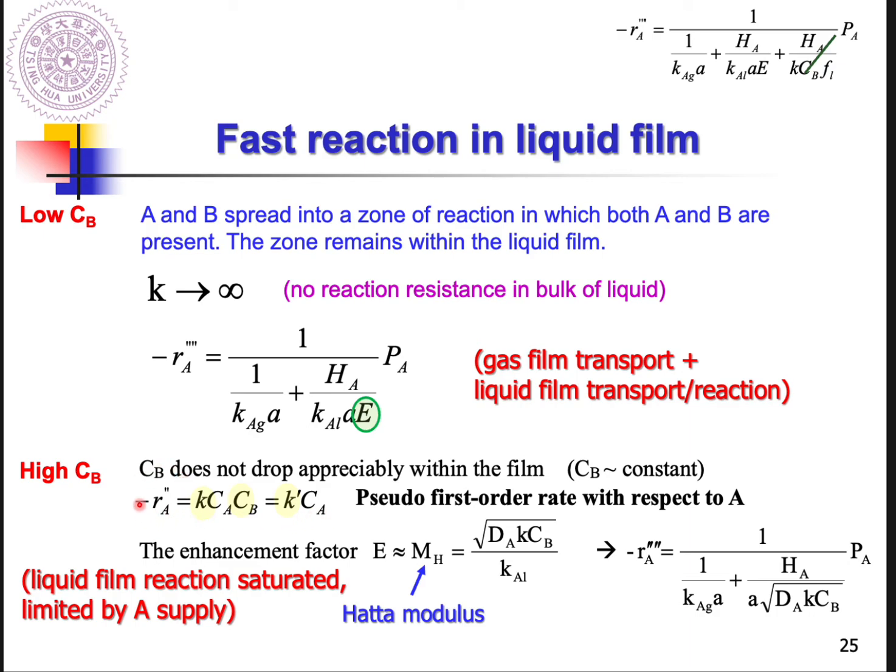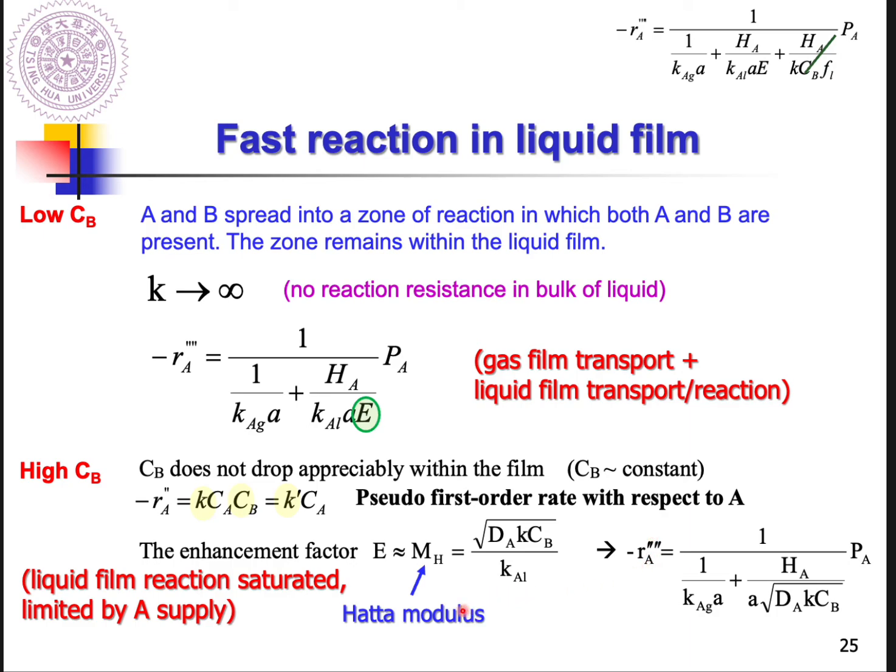So you find that the consumption rate RA is proportional to CA, and it's first order. In this case, people also call it the pseudo first order rate equation with respect to CA. In this situation, you also need to define what E is, right? And the textbook tells you that under this situation, E equals the Hatta modulus. So as long as we know the Hatta modulus, you substitute it for E and you can write down the RA for pro.